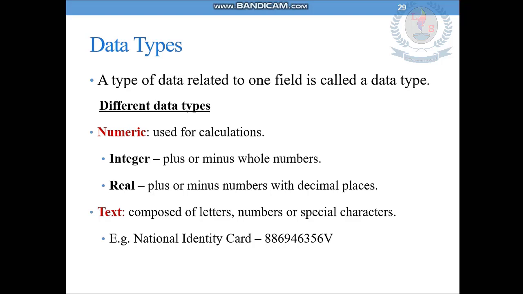Then the next data type is text. This will provide letters, numbers and special characters. As I gave you an example, a national identity card has numbers and a letter also. So that comes under text.